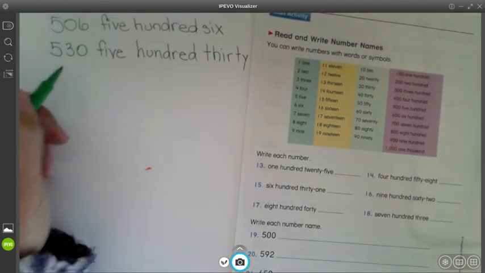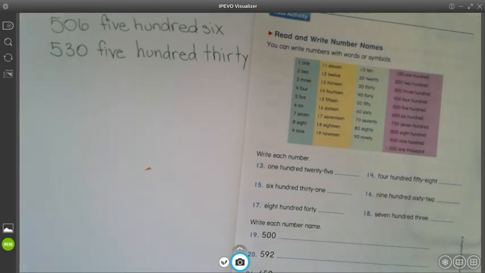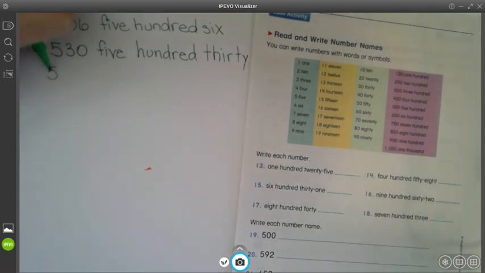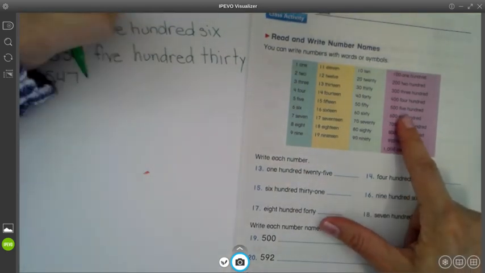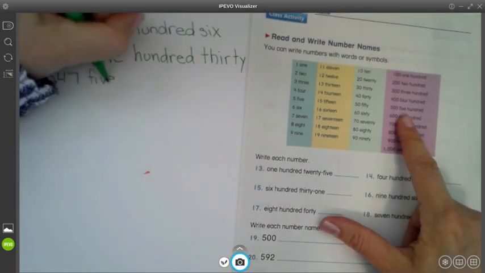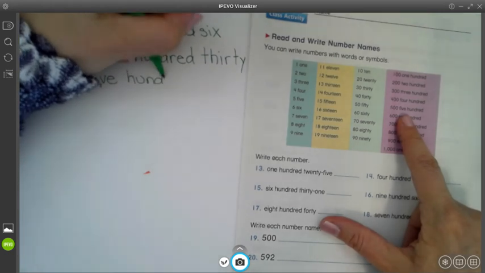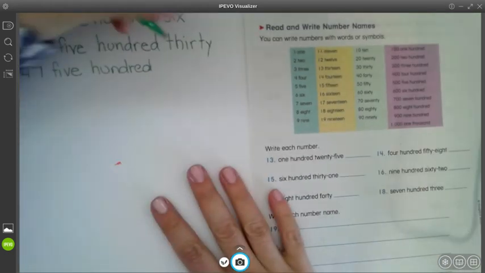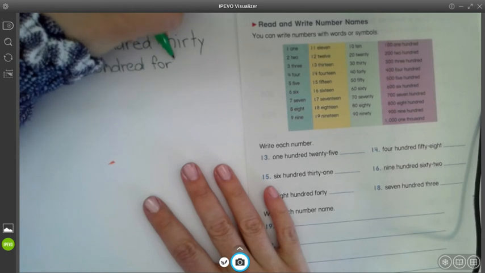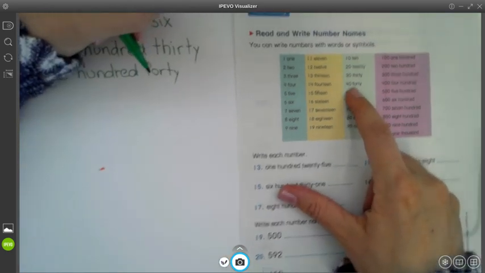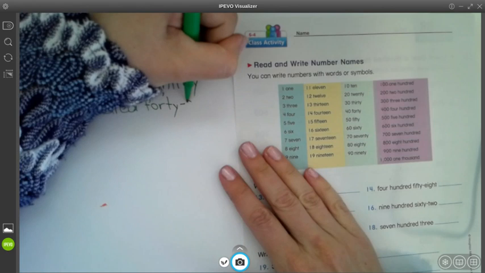Just like what I'm doing right now, you can make up any numbers that you want, okay? How about this one? 547. Same thing. I can use this as my tool. 540. Again, I can use my 47.